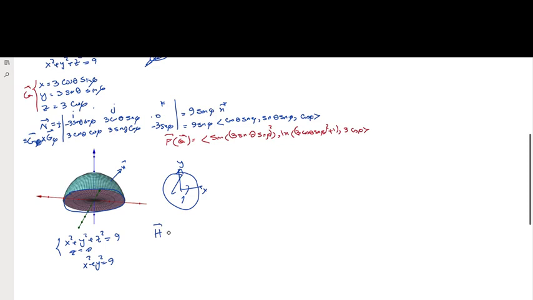Let's parameterize this quickly: the radius r changes between 0 and 3, so r cosine theta, r sine theta, and z is supposed to be 0. And so let's cap it off with this surface. Now, by the divergence theorem, let's say this was S, and let's call this one S nu, right?